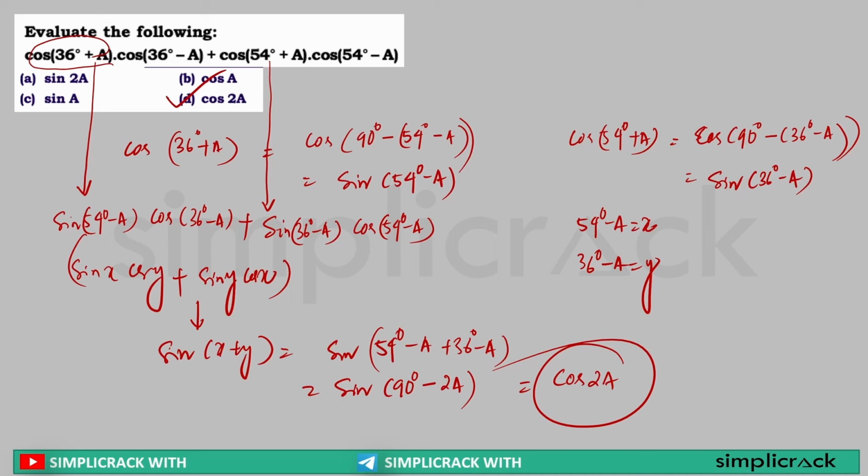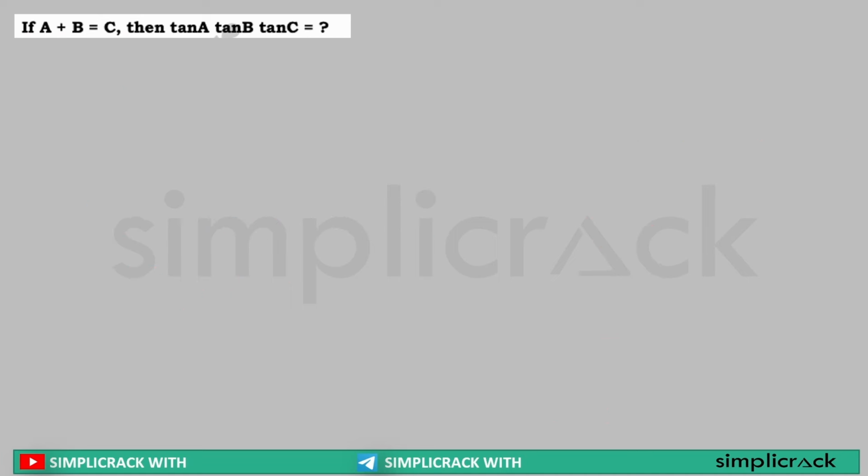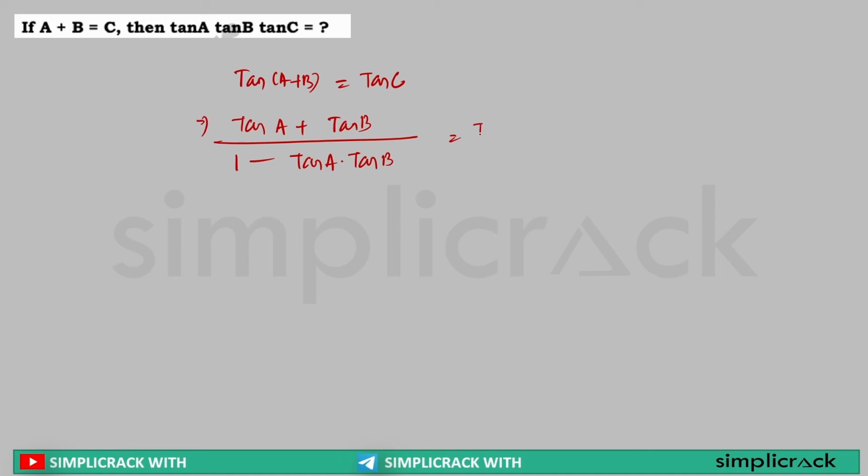Simple. Next. Sir, a plus b is equal to c. Then tan a into tan b into tan c is equal to what? If a plus b is equal to c, that means tan(a plus b) is equal to tan c. That means tan a plus tan b divided by 1 minus tan a into tan b is equal to tan c.